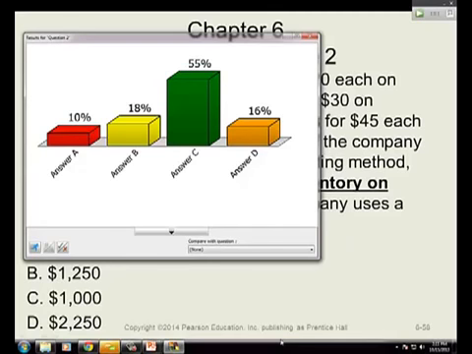Sold 150, and the inventory is 50 units. If this is last in, first out, quickly I know where the inventory has to be: the oldest cost. If you know the definition of LIFO, and this is LIFO, ending inventory is the oldest cost. So I got 50 units at 20.